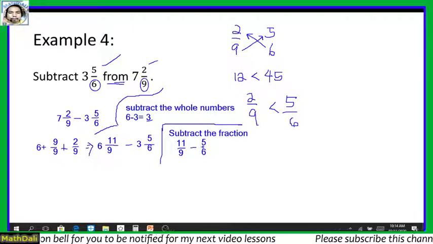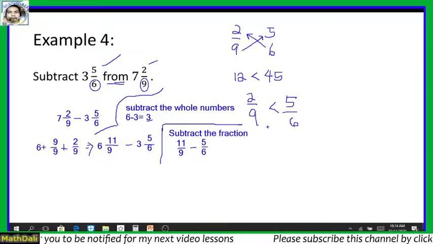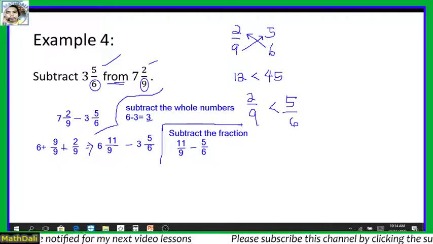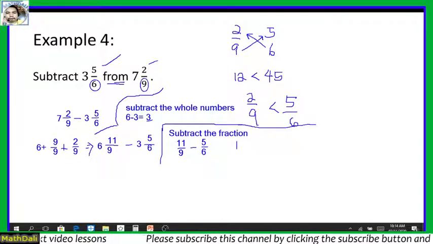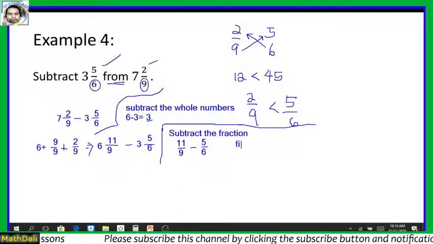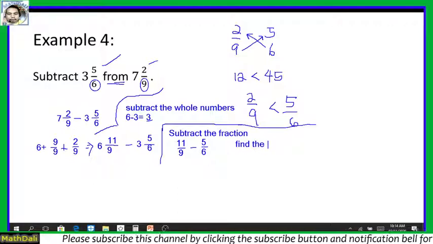Okay, then next. Ganun din yung gagawin natin dito. You're going to find the LCD, or that is the least common denominator.